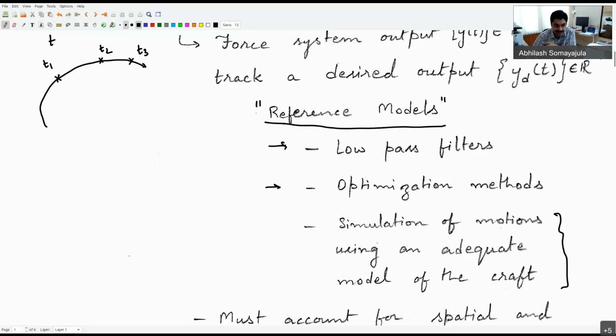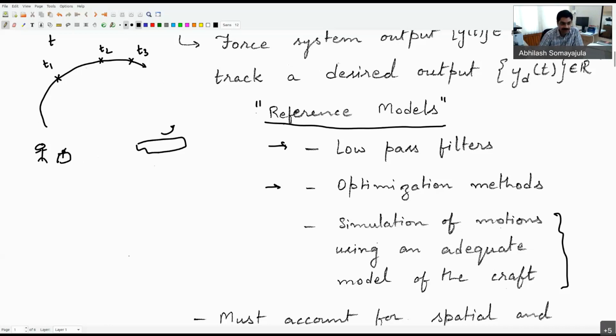So suppose I chose a joystick output, and a person is standing there trying to do joystick control. He's holding a joystick and moving it around to see how a craft responds. Kind of similar to what we were doing a couple of days ago in the wave basin, right?